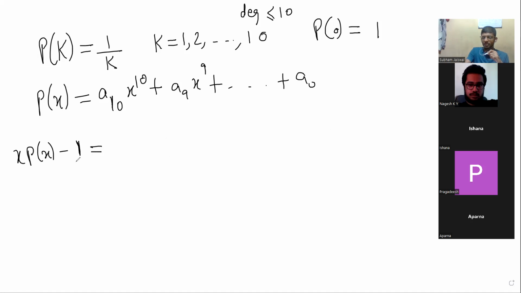This vanishes at 1, 2, and k. That's what's given in the question, right? That's the thing. You have to convert it to a polynomial situation and look at the roots, what gives you the roots, and consider that for the correct kind of polynomial, and then you can say, yeah.